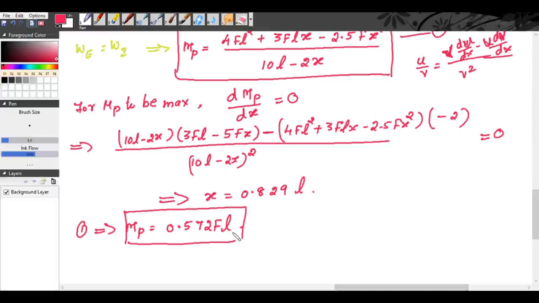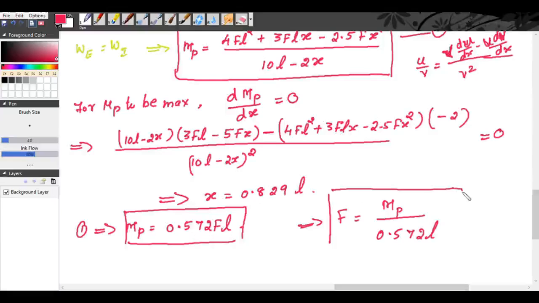So now you can compare, from which you get F, that is collapse load, is equal to MP by 0.572L. So that is nothing but 1.75 MP by L.